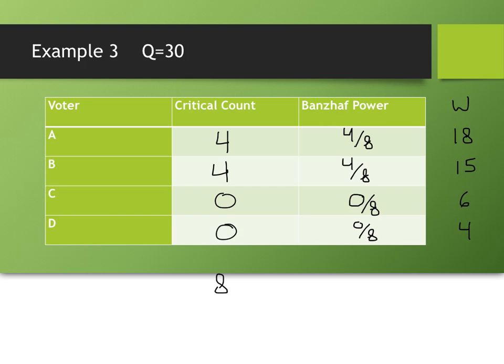Whereas notice if you think about the 22 case, A had half the power and then B, C, and D were all evened out at the bottom. Okay? And this brings up a really interesting issue: quotas matter. Quotas make a big difference on how much power somebody has.